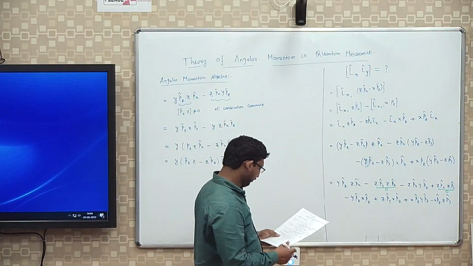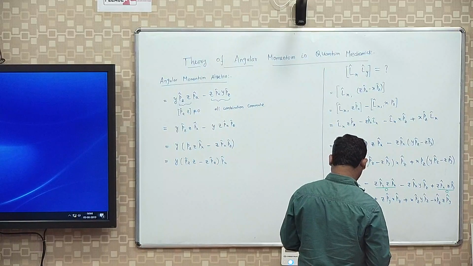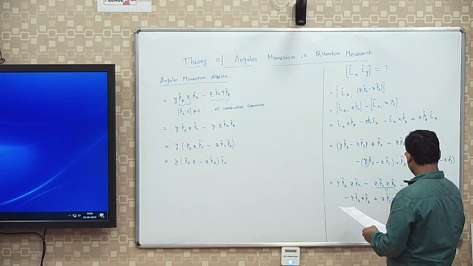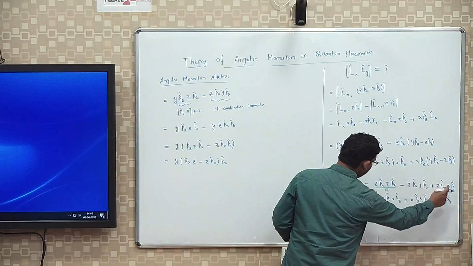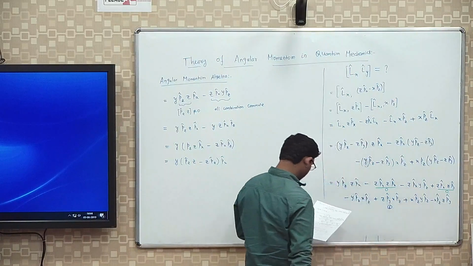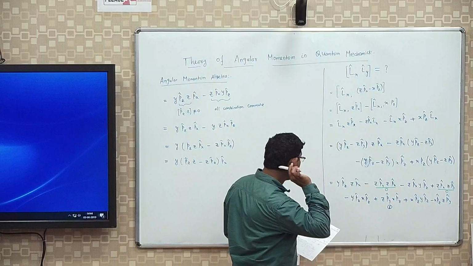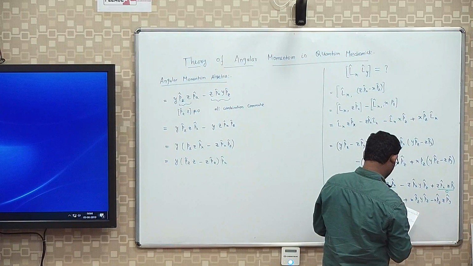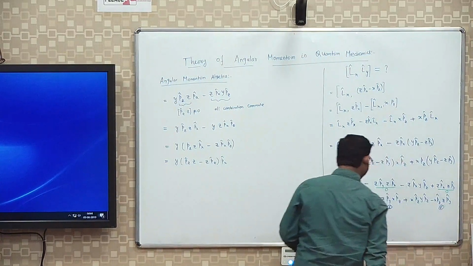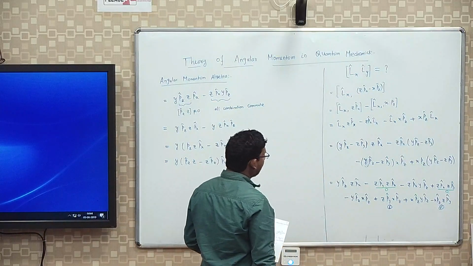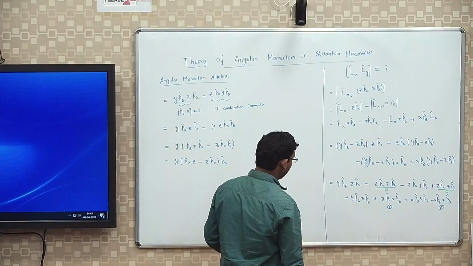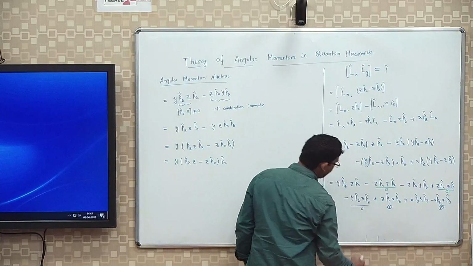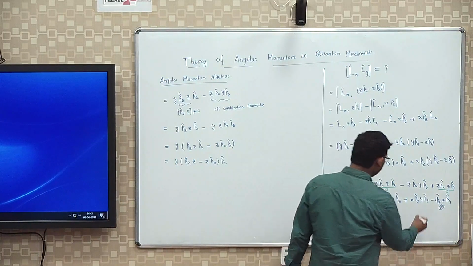Similarly, by considering this term, sixth term, and as well as the last term 8, because other terms will become 0 because of self commutation, so this will become 0 again, and this term also will become 0.